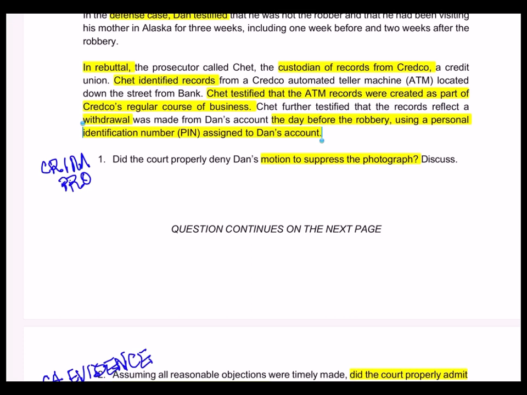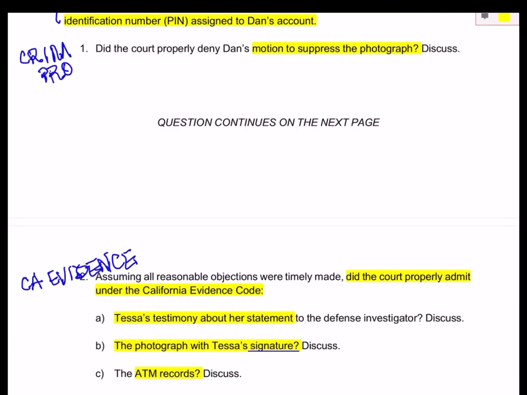Here the probative value is high. The risk of unfair prejudice seems pretty low. It's something that the defense can address if they believe someone else used his PIN or somehow his account was hacked. Okay, we've been through the entire hypothetical.